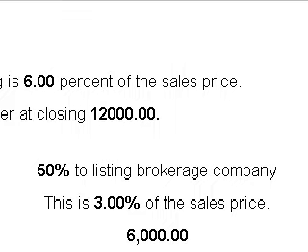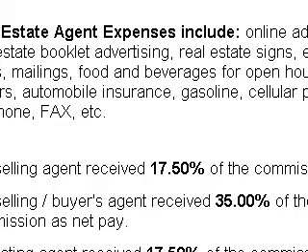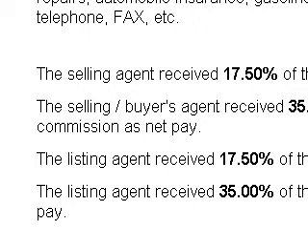That's basically what this calculator does. And here it tells you some of the expenses of the agent, and down here it breaks everything into a percentage. The selling agent and the listing agent received a certain percentage of the full commission as his net pay, and it also breaks it up.